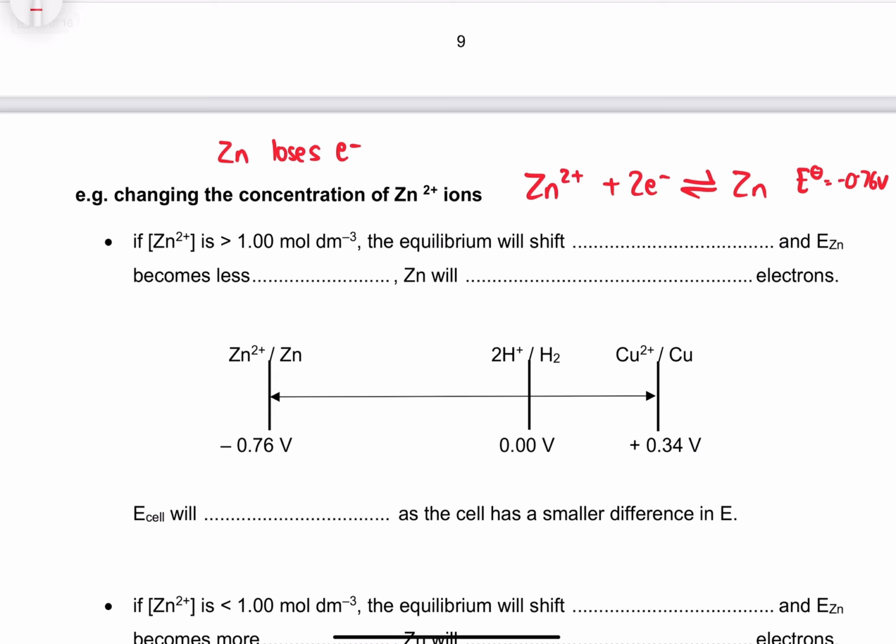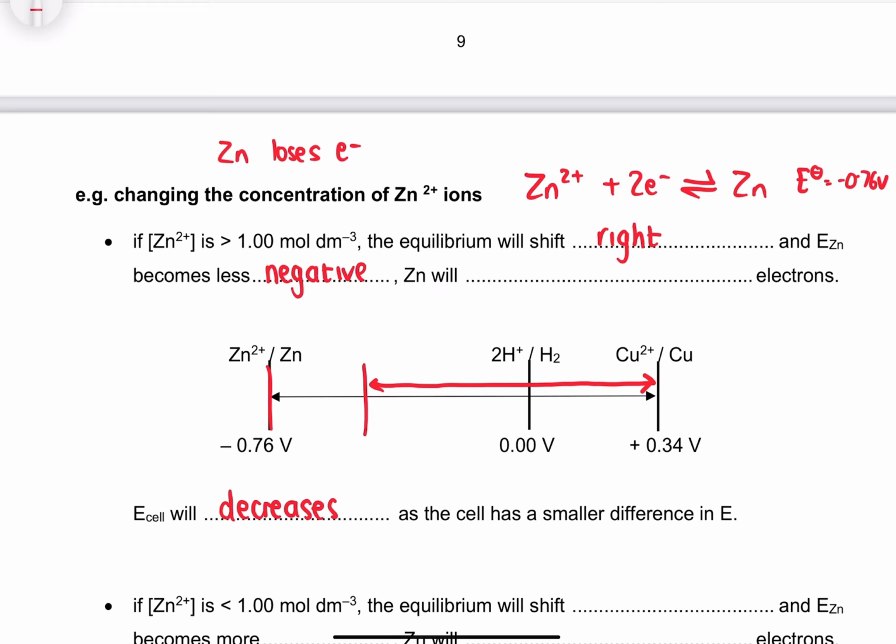So although zinc is being oxidized in this reaction, we are talking about the reduction equilibrium when we're talking about Le Chatelier's principle. So if the Zn2+ is greater, this equilibrium will shift right. So we shift it right from where we are here. The gap between it and copper does get smaller as it decreases. It becomes less negative because if we go right and it's a negative number, the number's going up the number line, so it's less negative.